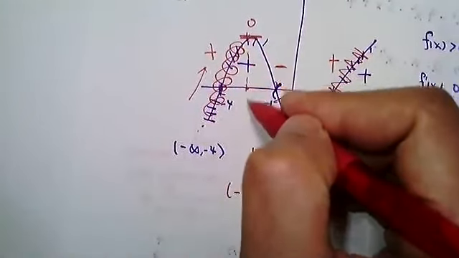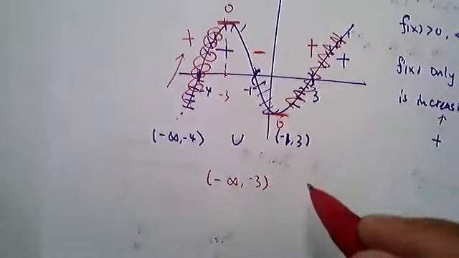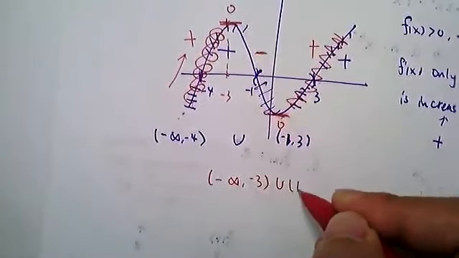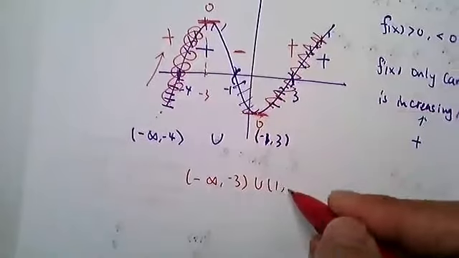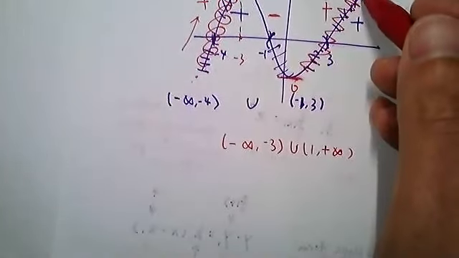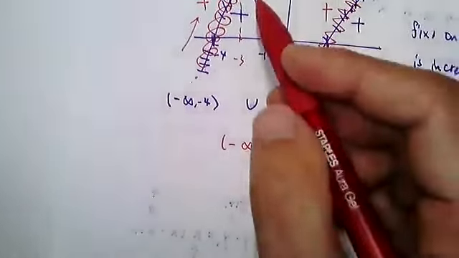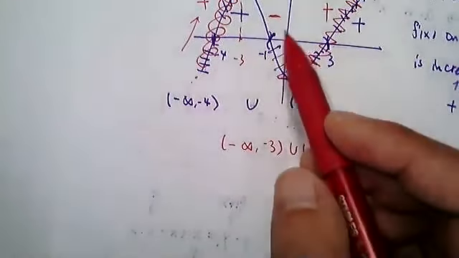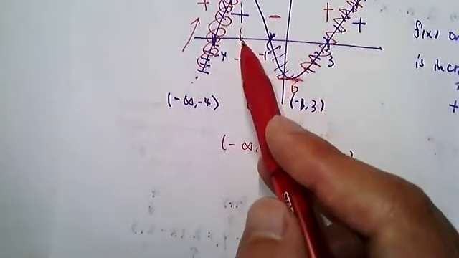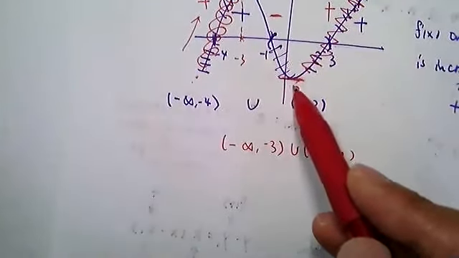This corresponds to -3. Then you start from here, positive 1 to positive infinity. This part is increasing. I didn't write where it is decreasing, and I think by right now you should be able to figure out what is the interval from here to here.